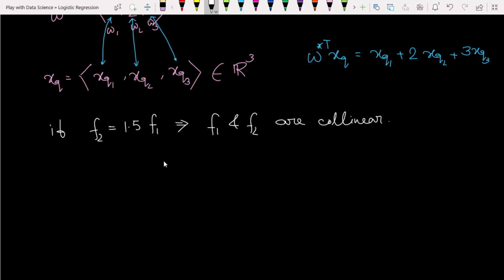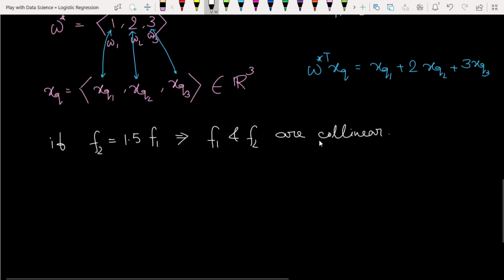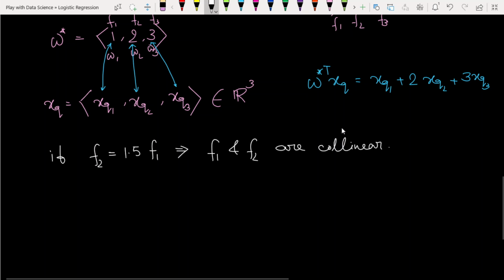Now what will be our w transpose xq? If collinear, we write xq1 as xq1, then 2 times xq2, and we can write xq2 as 1.5 times xq1, because xq2 is for feature 2, and feature 2 is 1.5 times feature 1.